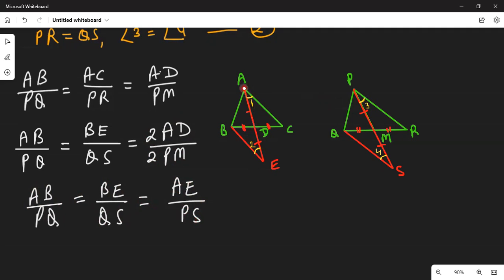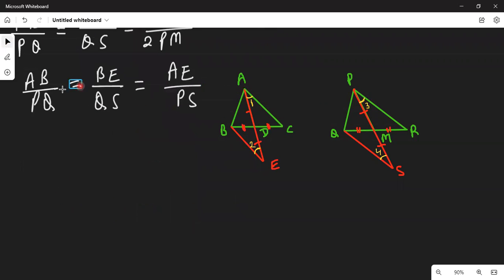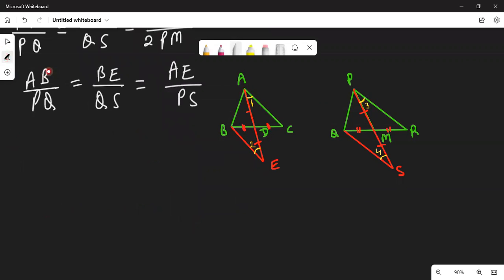So now we have seen how we have shown that triangles ABE and PQS have sides in proportion. That means they are similar. Therefore, triangle ABE is similar to triangle PQS.